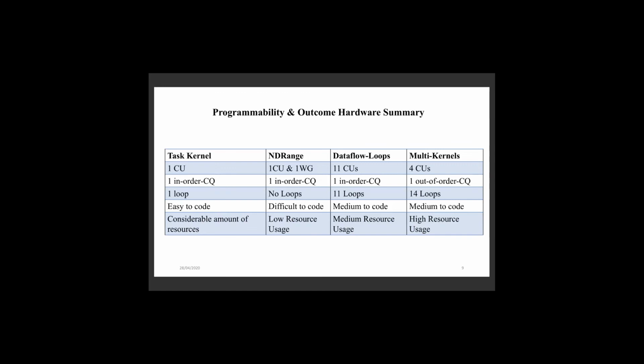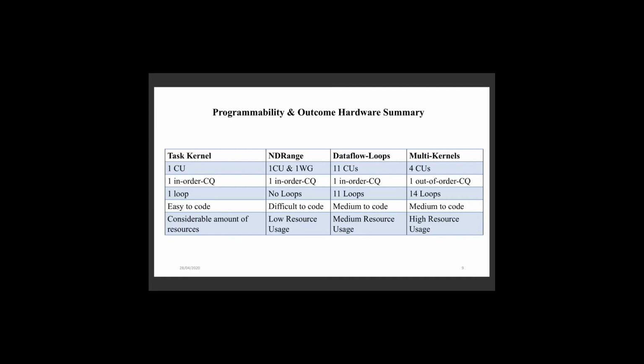This final slide shows a summary of the outcome hardware and the programmability of the different mapping options we have targeted in our experiments. So the functional parallelism with multiple kernels and dataflow loops required a number of compute units.